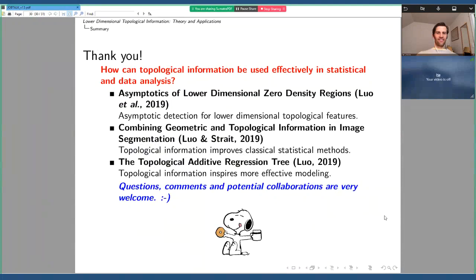In the first half, I discussed work focusing on the lower dimensional zero density region. We came up with a covering scheme, and its consistency guarantees allow us to detect such specific lower dimensional features.